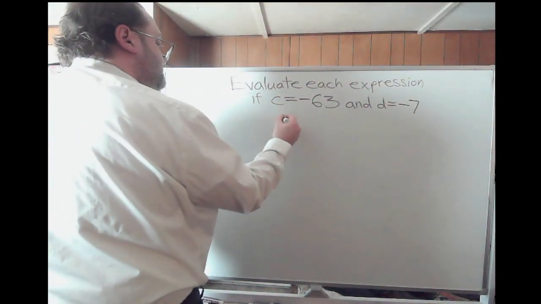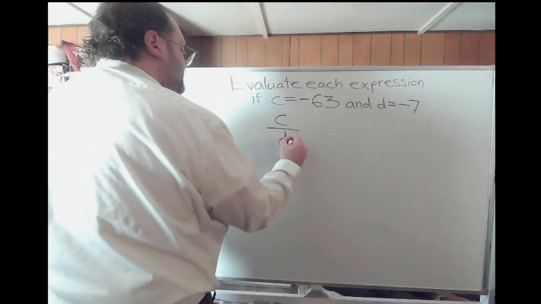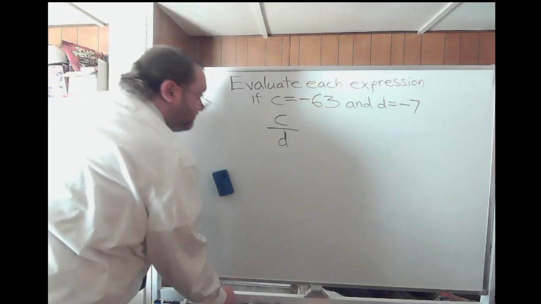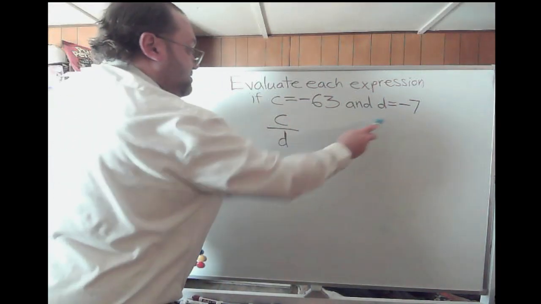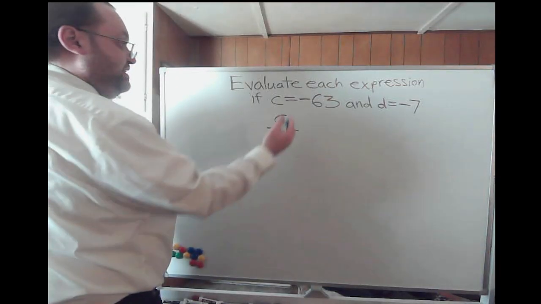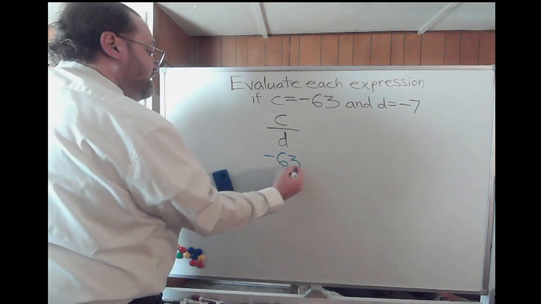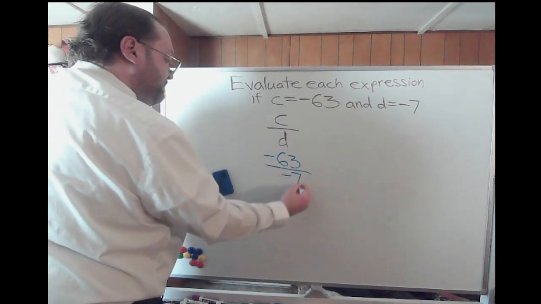So we've got the expression here, C over D. That's the expression they want you to solve. Well, they tell you C equals -63 and D equals -7. So wherever you see C, you'll put in -63 over wherever you see D, you'll have -7.